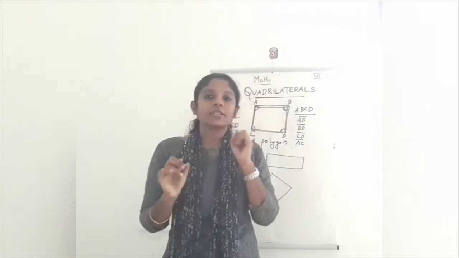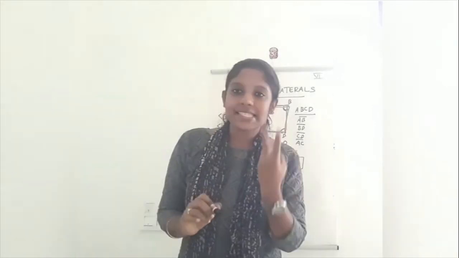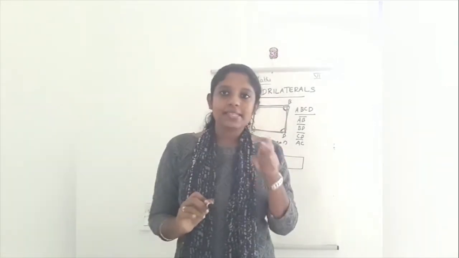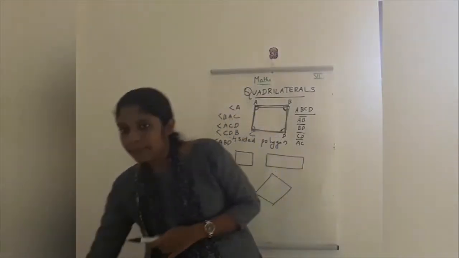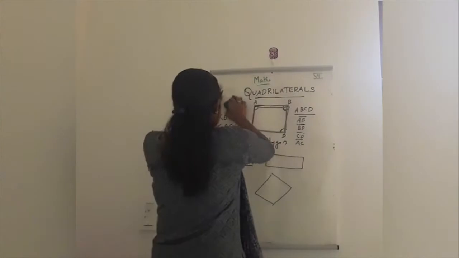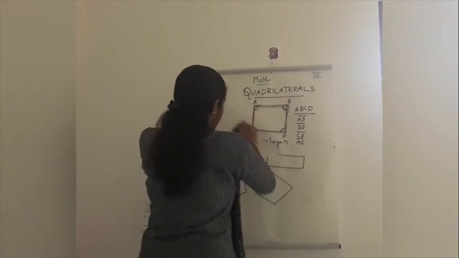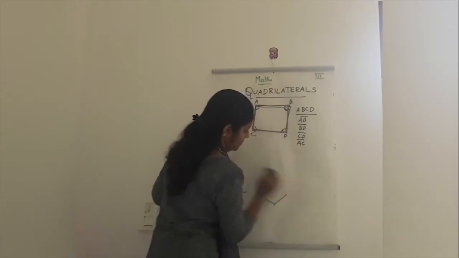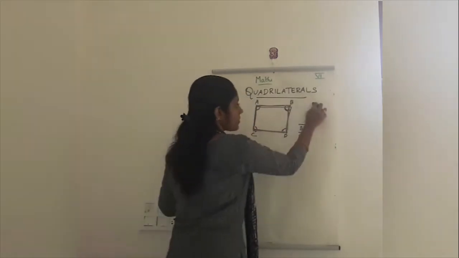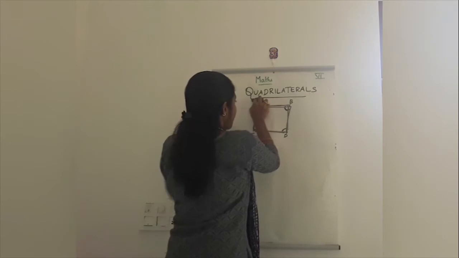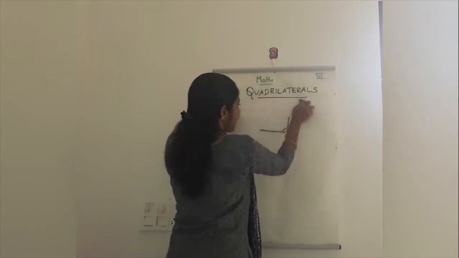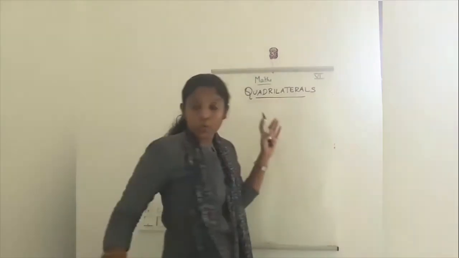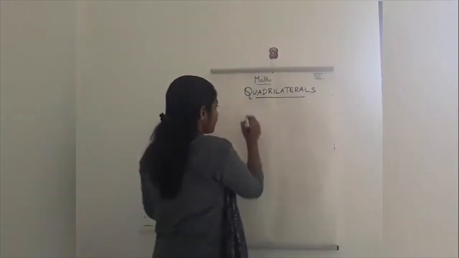Now we are going to learn some terms: adjacent sides, adjacent angles, opposite sides and opposite angles. It's also easy. I am going to rub this out and draw a new quadrilateral.